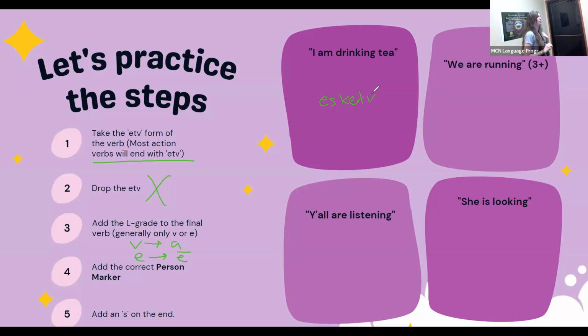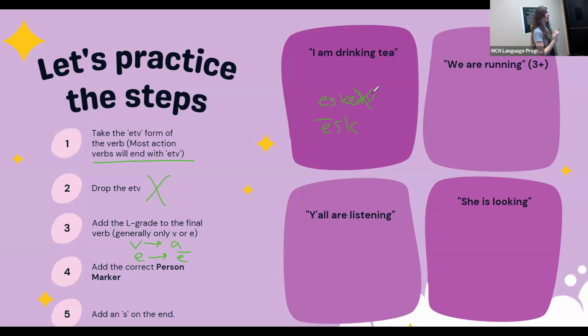What's the second thing we do? Drop ida. Nice, we drop our ida. So now we have isk. Does the last vowel in this group, is it a V or a short E? Yes. So we're gonna make it long.